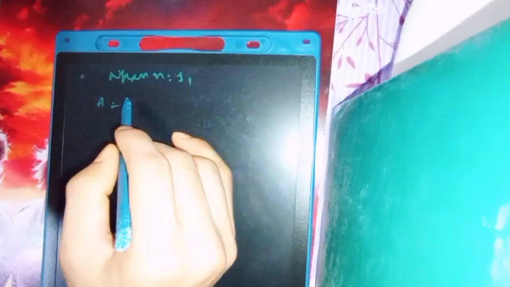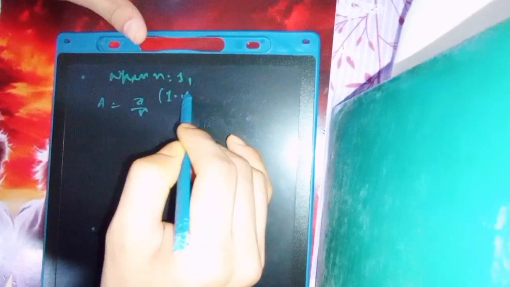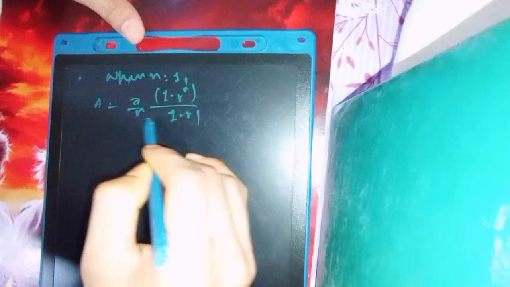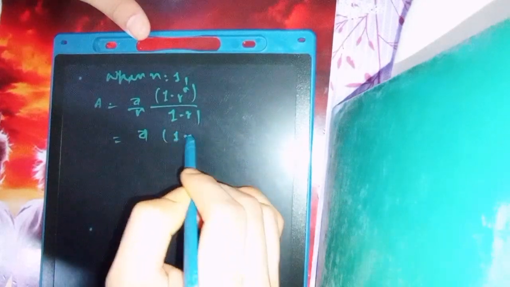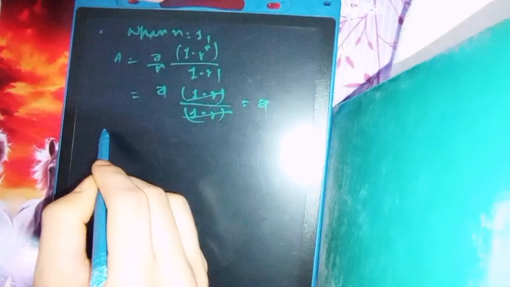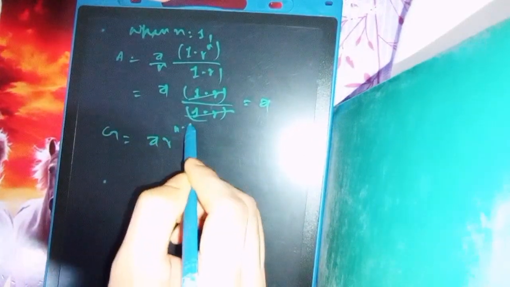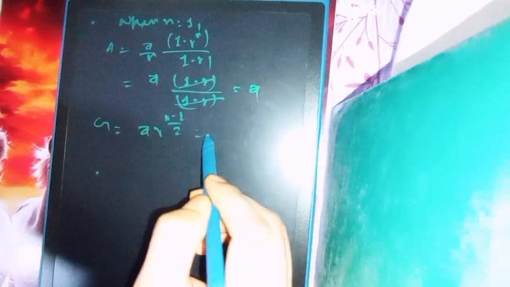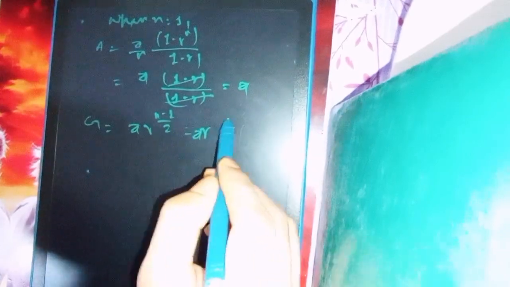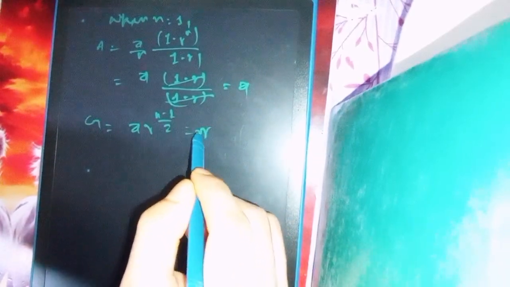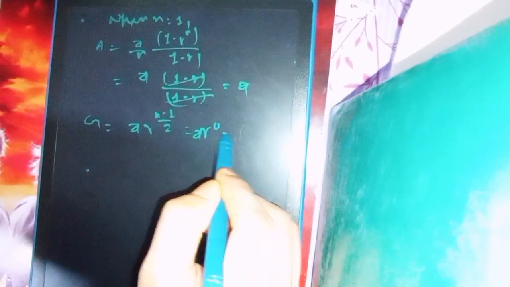What is our formula for A? It's (a/n)(1 - r^n)/(1 - r). And when n is equal to 1, that is a(1 - r)/(1 - r), that will be equal to a. Okay, and the formula for GM would be a r^((n-1)/2), and when n is equal to 1, that will be a into r^((1-1)/2), that is 1 minus 1 is 0, and 0 by 2 is 0, so r^0 is equal to 1, so that will be a.